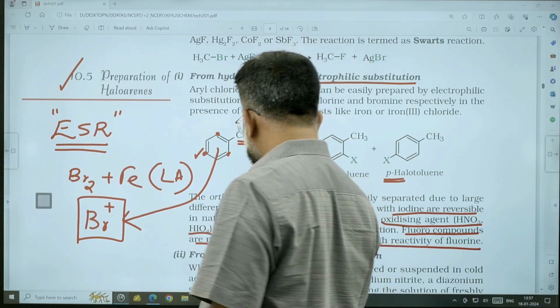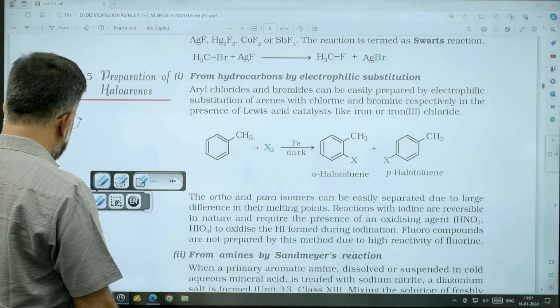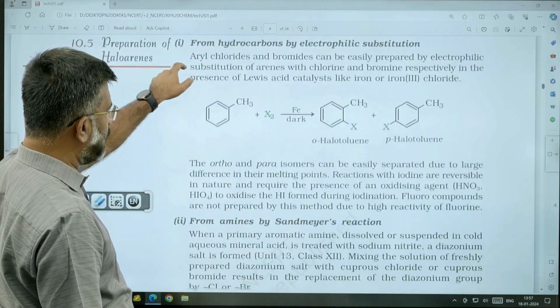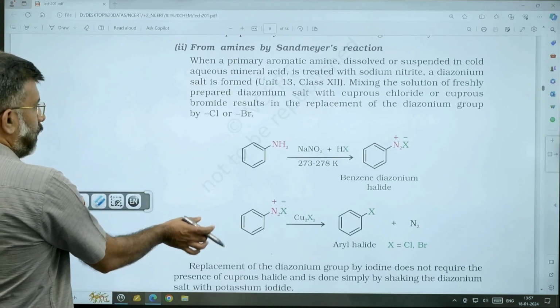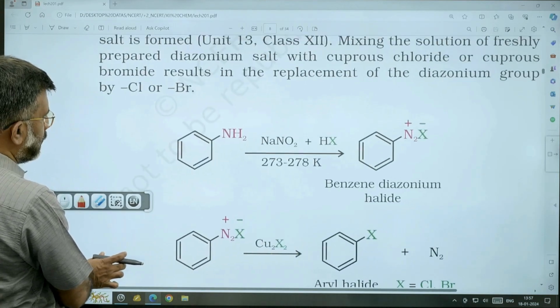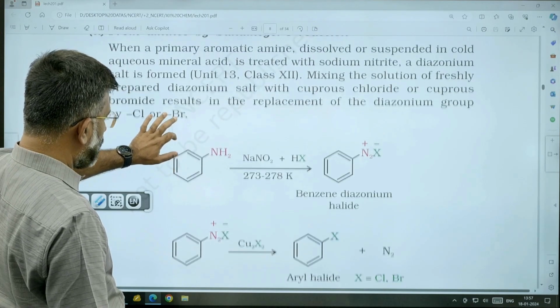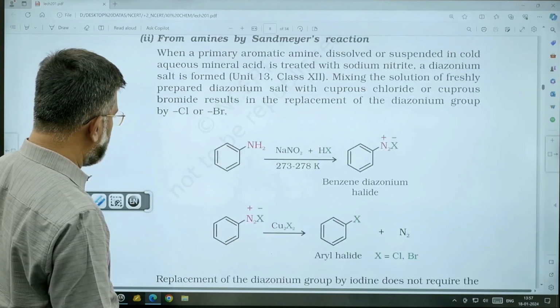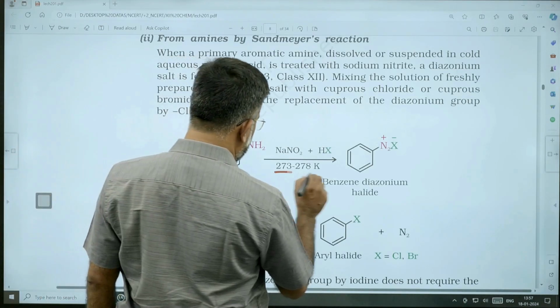Now the next one, a very popular reaction in organic chemistry, is Sandmeyer's reaction. Many of you definitely remember it. We take an ice cold solution of aniline.